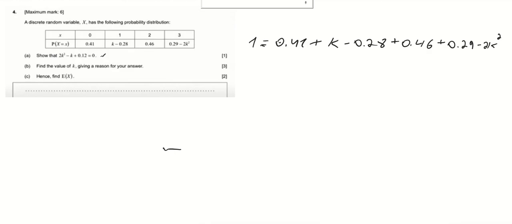So now if I organize this equation and take everything to the left hand side, I'm going to get exactly what we need to show. Yes, I'm using the calculator here, and it boils down to exactly what we need, and this is the answer for A.